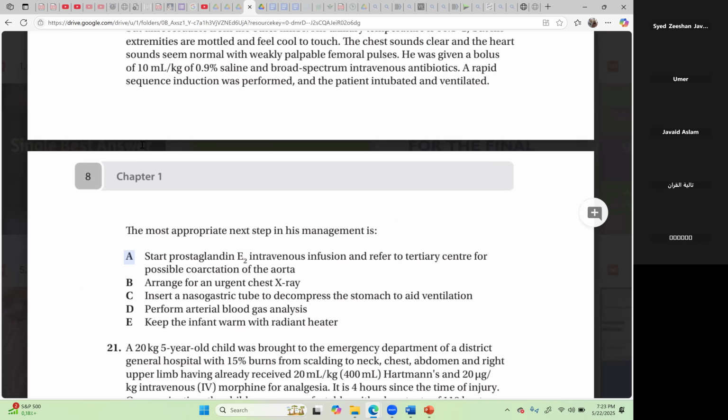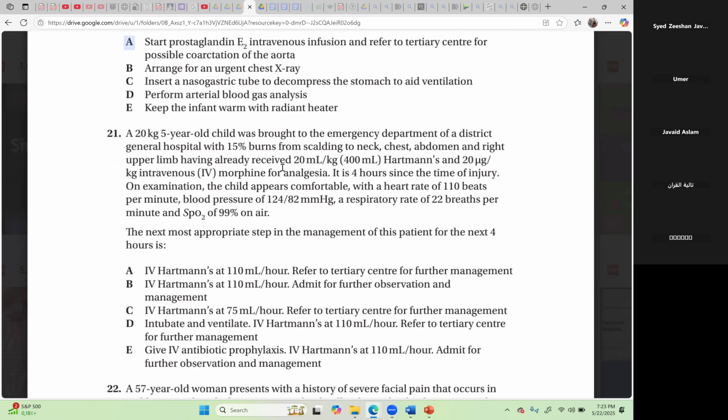So the next question is a 5-year-old, 20 kg child at a district hospital with 15% burn from scalding to the neck, chest, abdomen, and right upper limb, having already received 20 ml per kg Hartmann's and 20 microgram per kg morphine for analgesia.